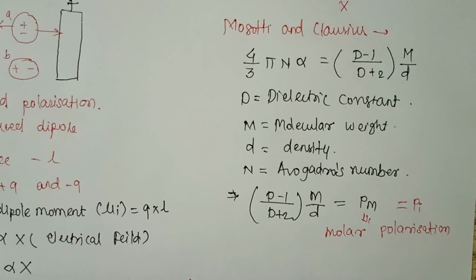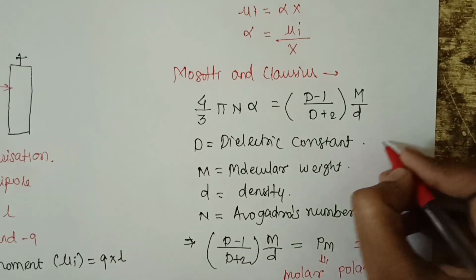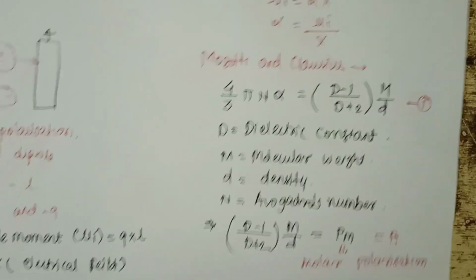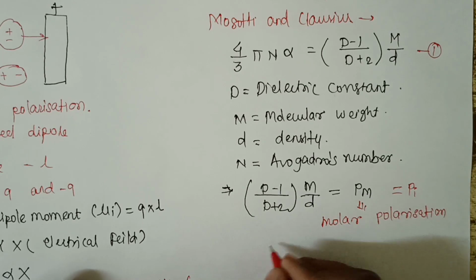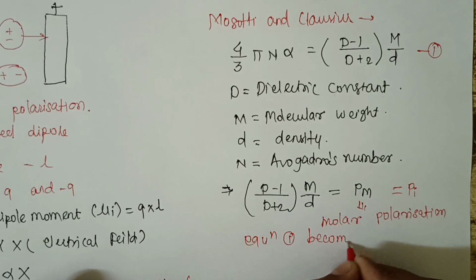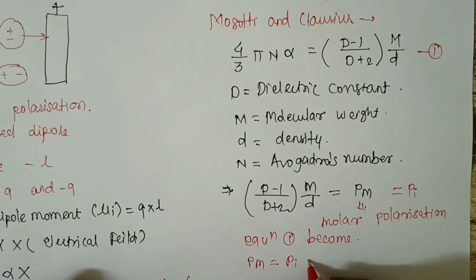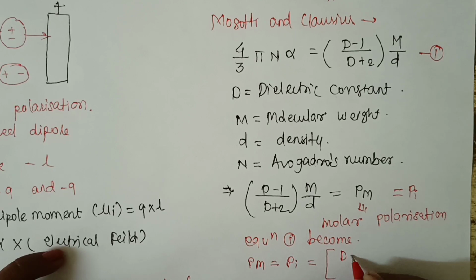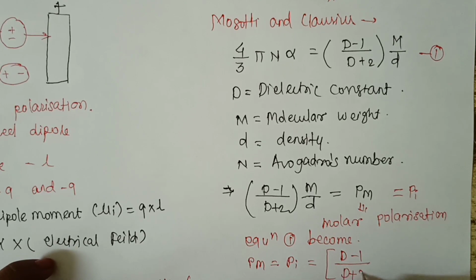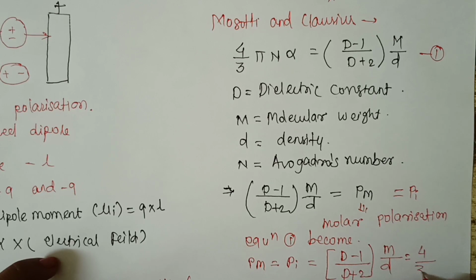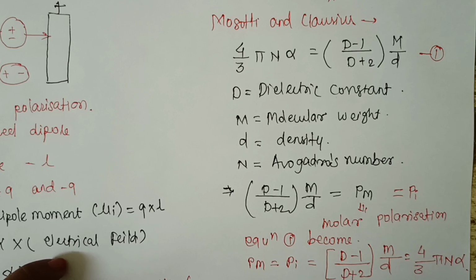So equation 1 becomes Pm equals Pi equals (D minus 1)/(D plus 2) times M upon d equals 4/3 pi n alpha.